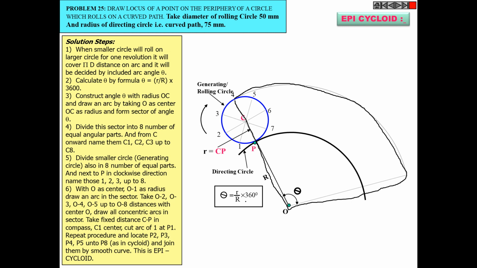Since I have divided my rolling circle into 8 equal parts, again I will divide my sector theta into 8 equal parts. So can you tell me how you can divide a sector into 8 equal parts? What is the procedure? Tell me the steps.